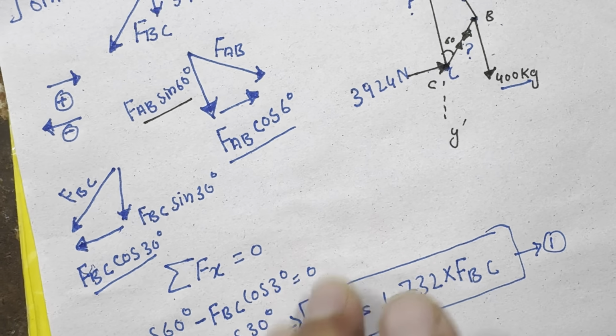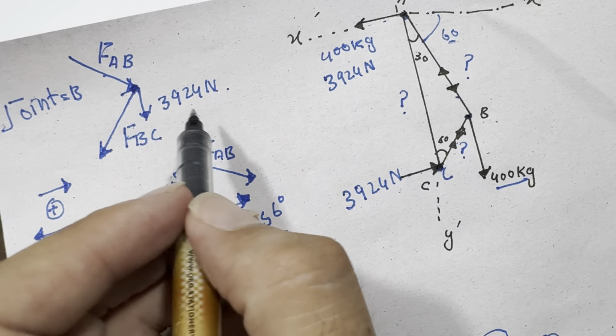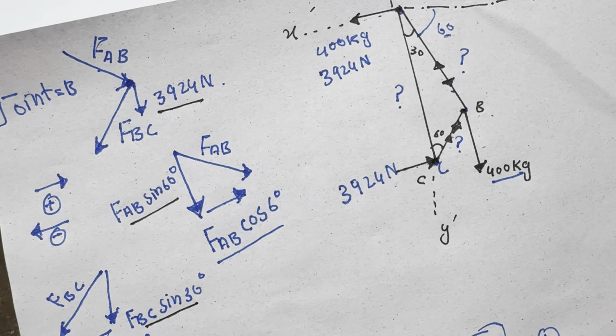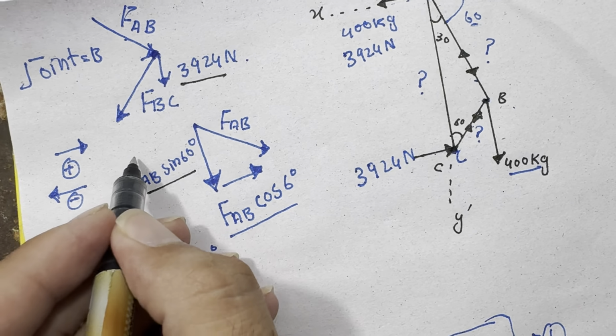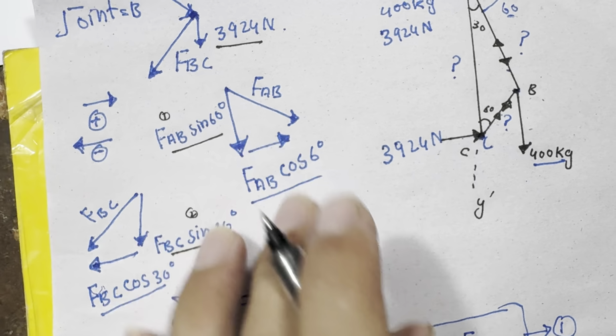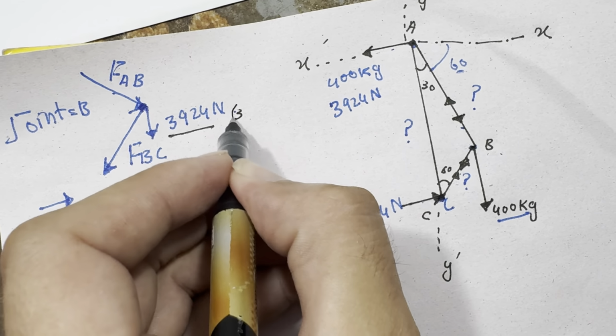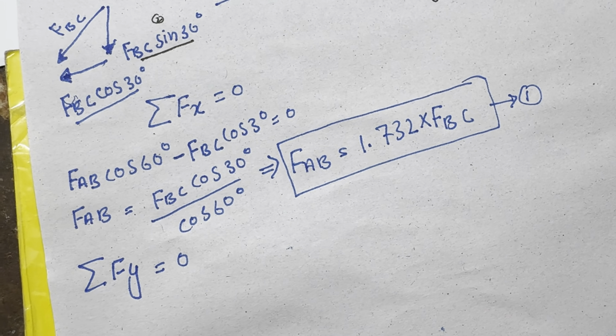One vertical force is this, and another vertical force is this, and the third vertical force is this. There are 3 vertical forces: 1, 2, 3. So I will write these 3 vertical forces.